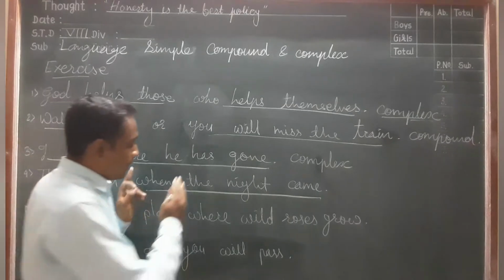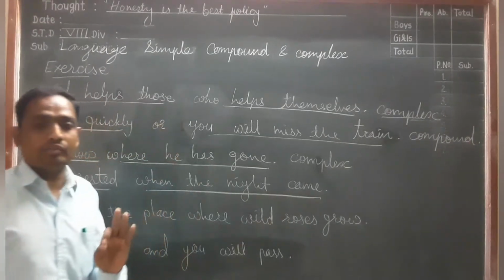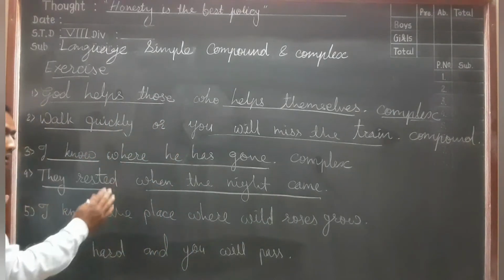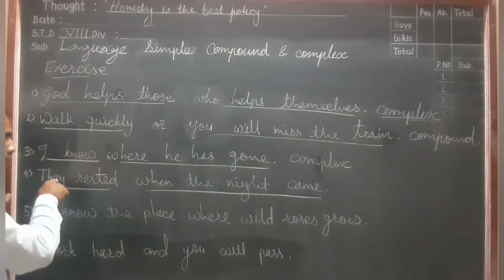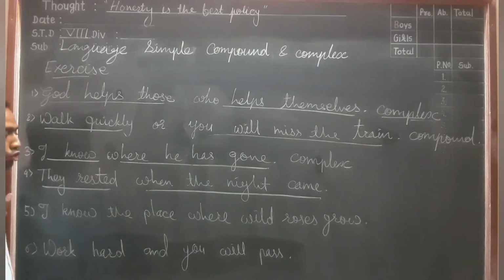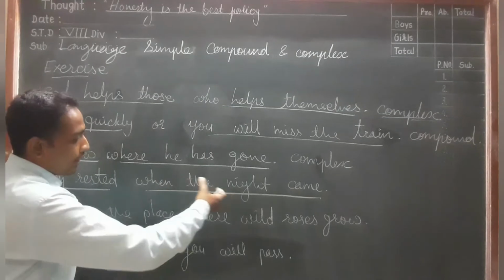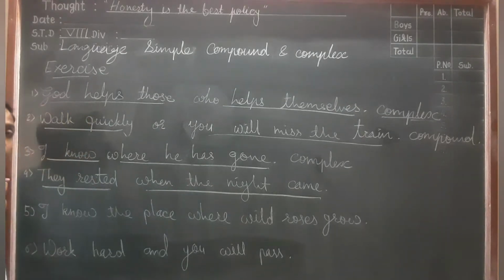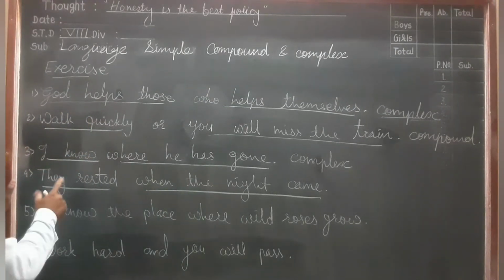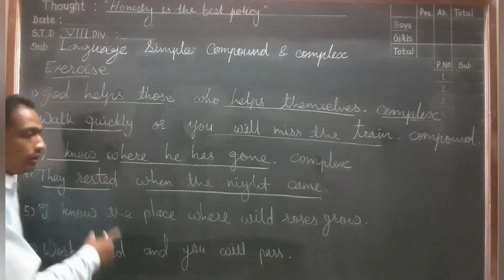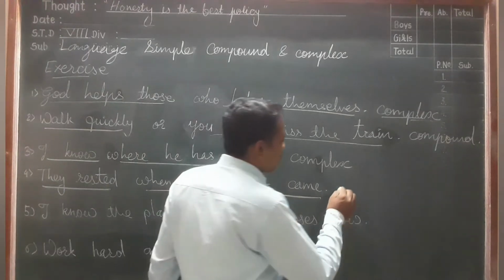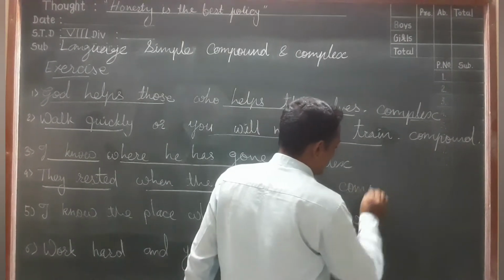But when the night came is not an independent clause. It depends on they rested. So we can say that when the night came is a subordinate clause, while they rested is the main clause. So this sentence also will be complex.